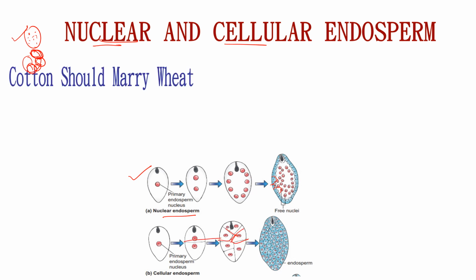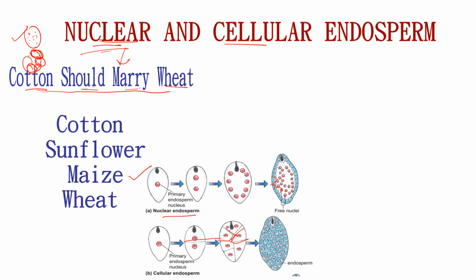So for the nuclear endosperm, the trick is cotton should marry wheat. I know this is some cheesy kind of thing, but yes, the trick is cotton should marry wheat. So for cotton it's cotton, for should it's sunflower, for marry it's maize, and from wheat it's wheat.